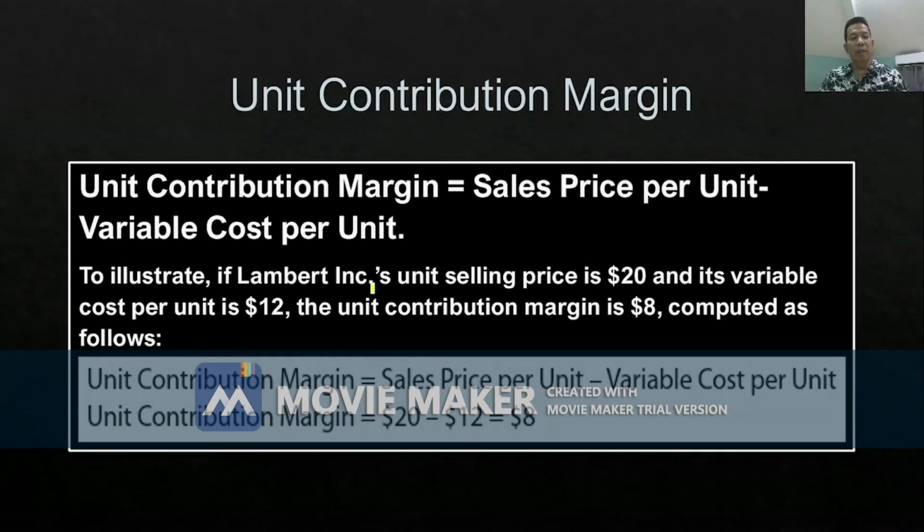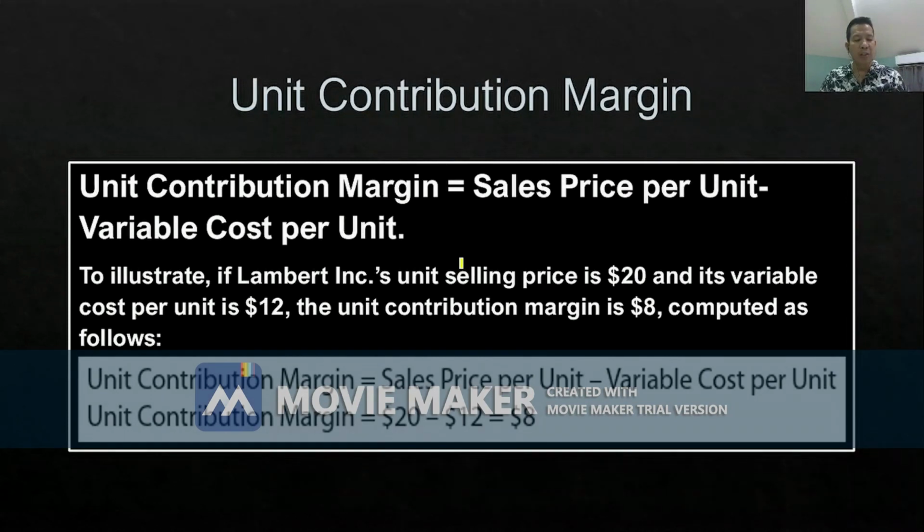The unit contribution margin equals sales price per unit minus the variable cost per unit. The unit contribution margin is also useful for analyzing the profit potential of proposed decisions.